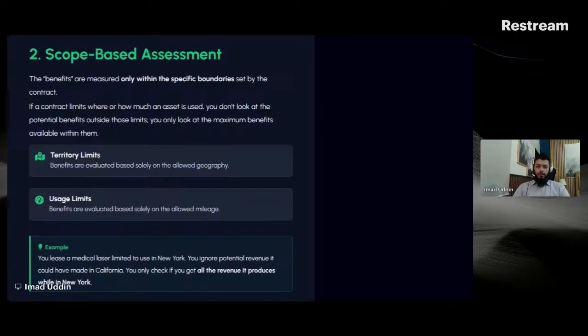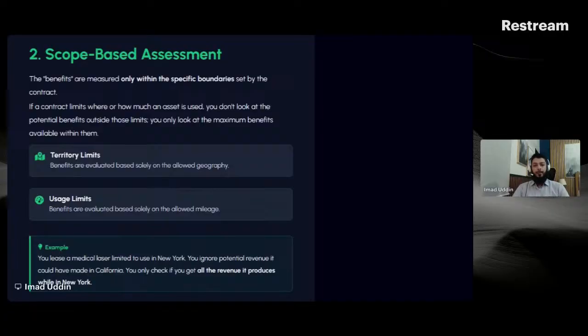So there could be territory limits. For example, I can drive a particular vehicle or particular fleet inside a particular location and not outside that. I can use it in Karachi or New York and not in Dhaka. Benefits are evaluated based solely on that geography. So if I have a transport vessel, I can only take it on certain routes.